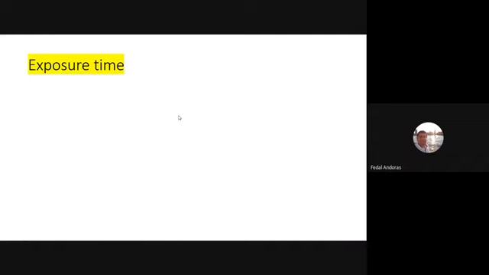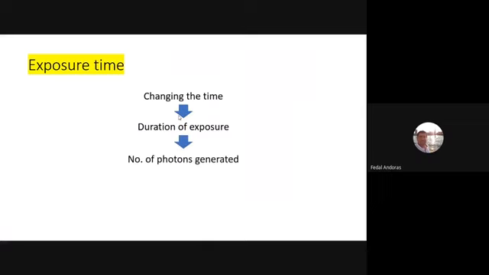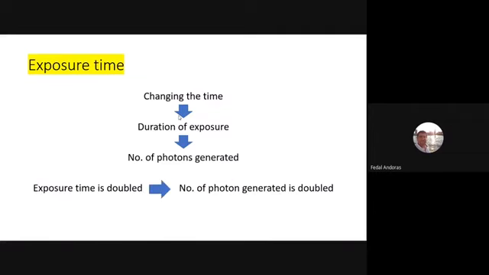So exposure time. In the new dental machines, we just can't change the exposure time. But we have a recommendation for each area. Changing the time means changing the duration of exposure, so at the end, the number of photons generated will change, either increase or decrease. If we extend the time, the number will be more, and if we lower the time, the number of photons generated will be less. So if exposure time is doubled, the number of photons generated is doubled.